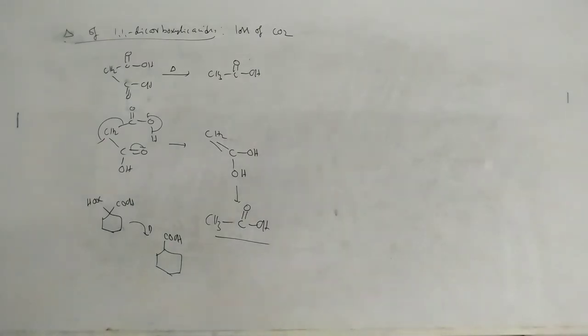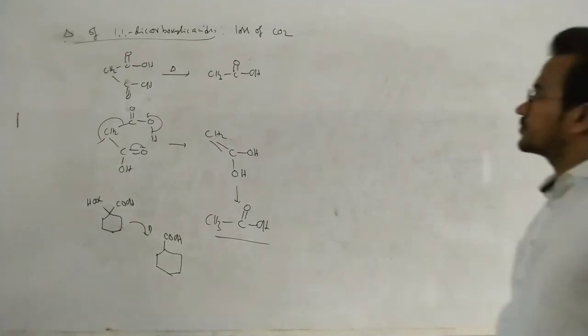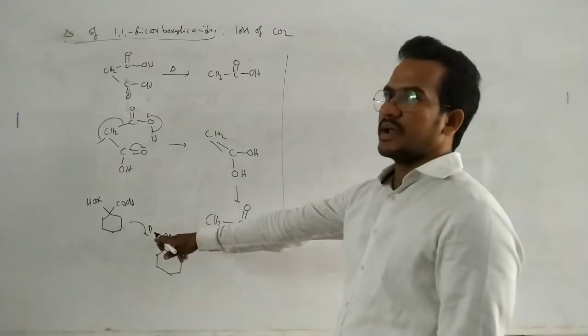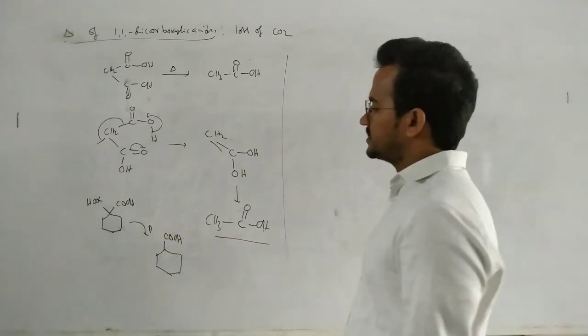Okay, now we discuss different types of examples, which include stereochemistry. So here, this 1,1 dicarboxylic acid on heating undergoes decarboxylation.